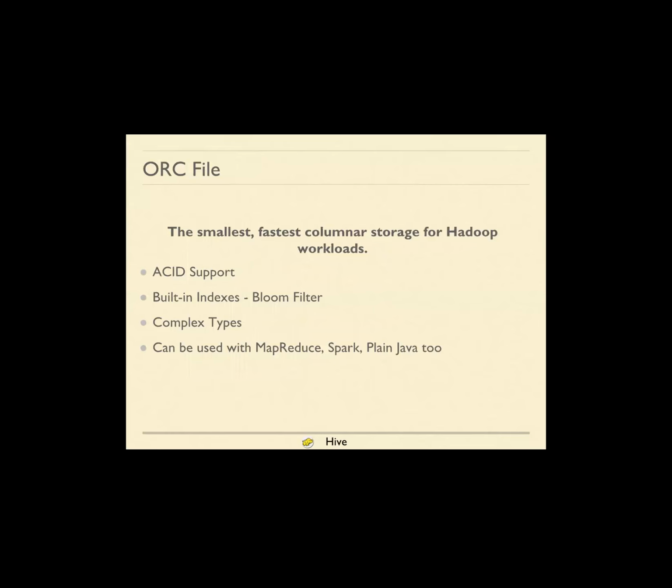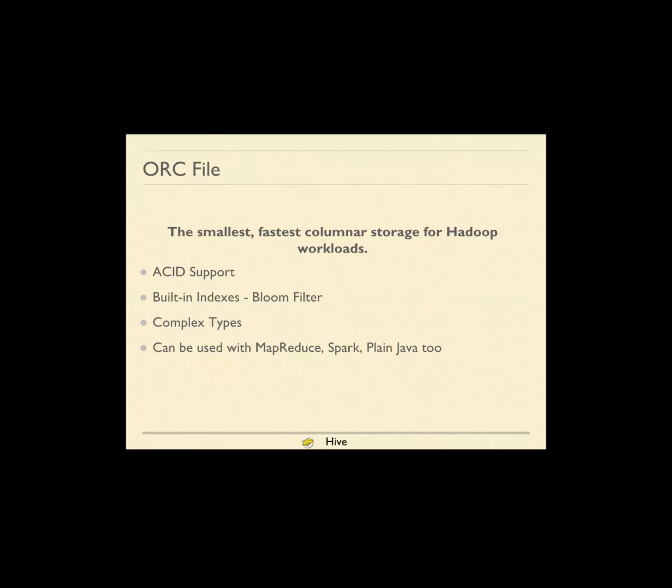One more thing that has happened with Hive is that they came up with their own storage format called ORC file. Earlier it was RC file. Using ORC file, Hive has recently started supporting modification of the data.